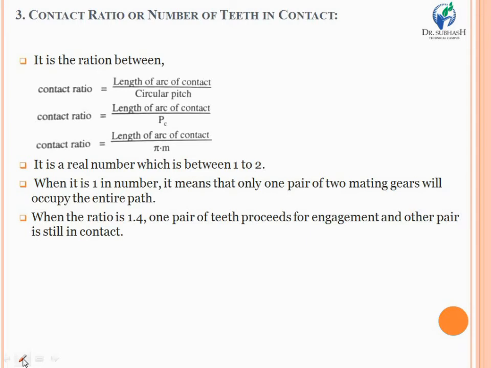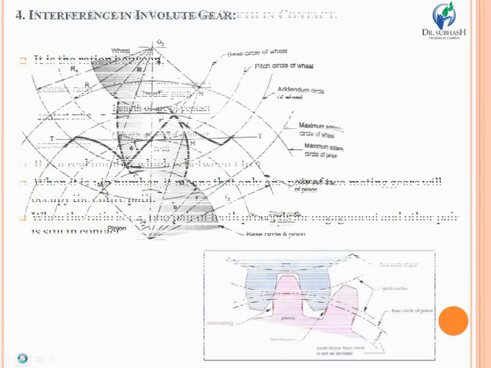So by selecting a higher contact ratio, it directly means that during engagement of any pair of teeth, the previous or preceding pair of contact will still be in engagement if you select a contact ratio more than 1.